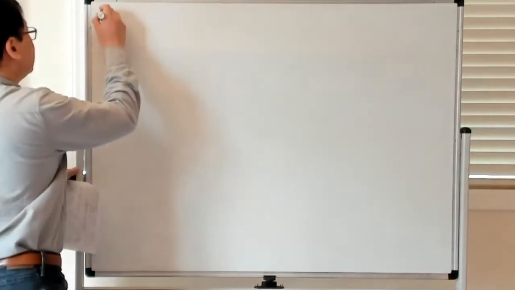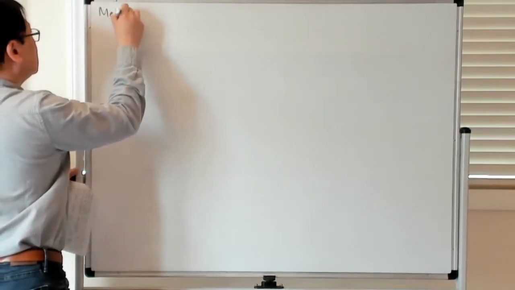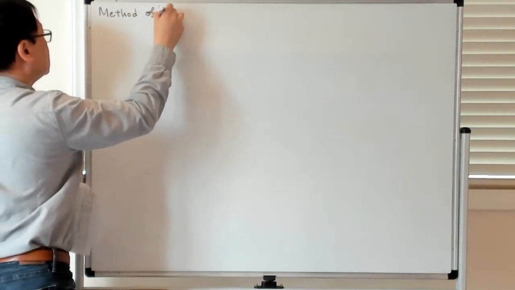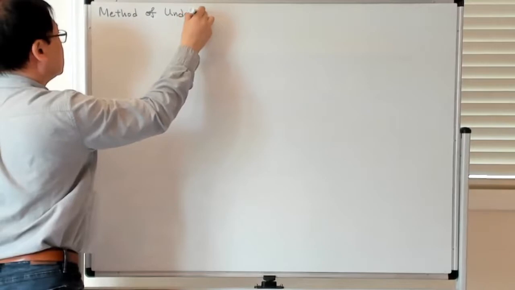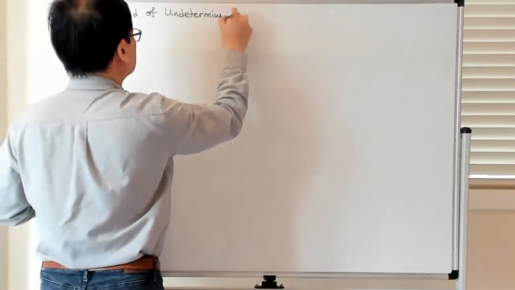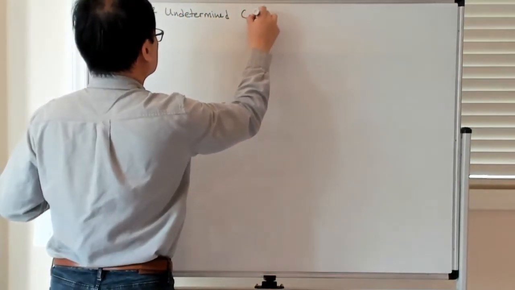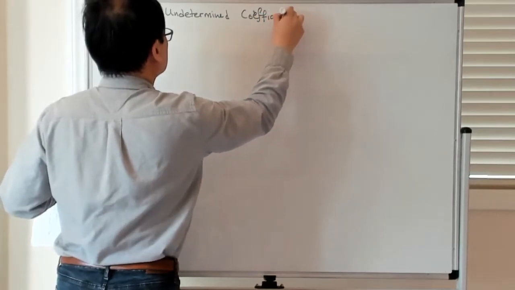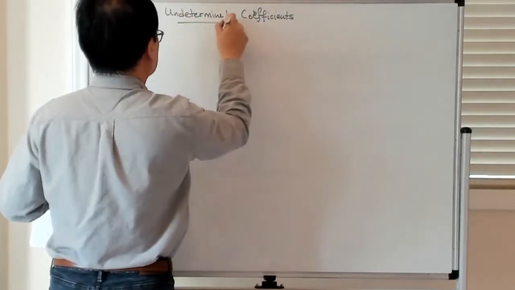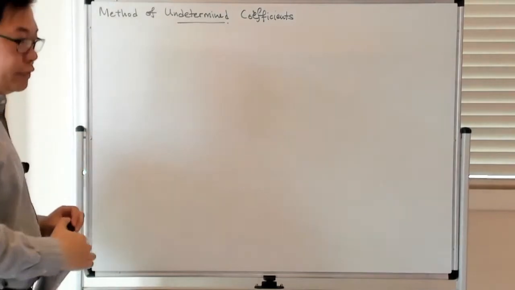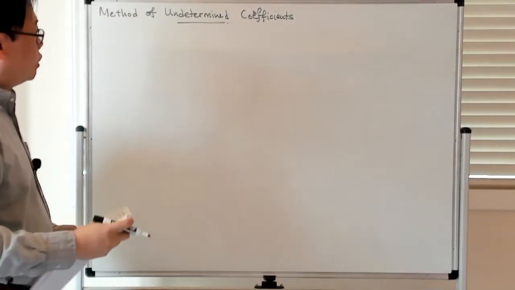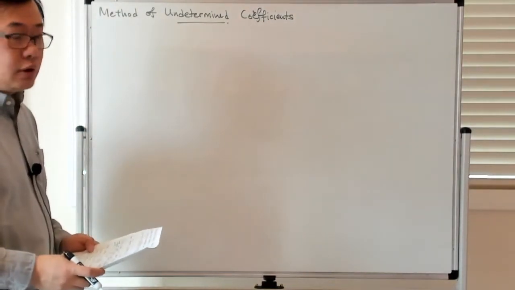Okay, so now we'll talk about the method of undetermined coefficients. It's basically a way of deriving the coefficients in a Newton-Cotes formula.